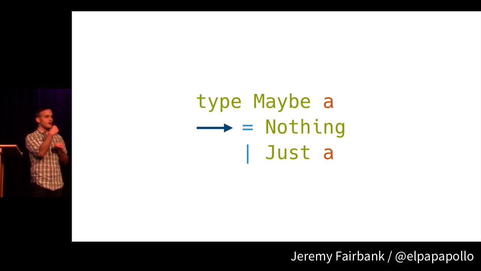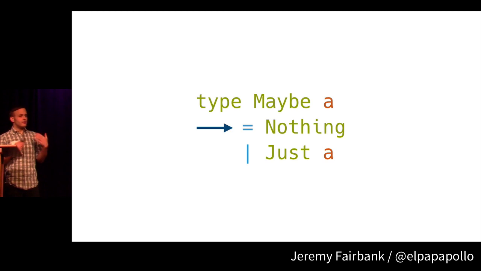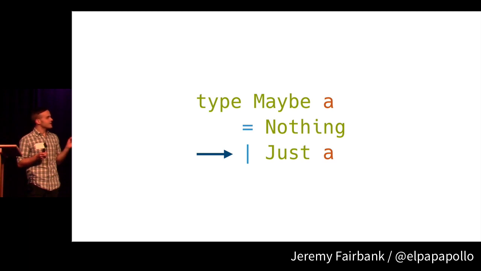But this is a value of maybe, so it is of type maybe. Think of it again just as a new value for maybe. Now if I do have something, I don't have null, then I'm going to have a just value. And these values for union types we also call constructors. So you'll notice here we have just, and then we have this lowercase a next to it.